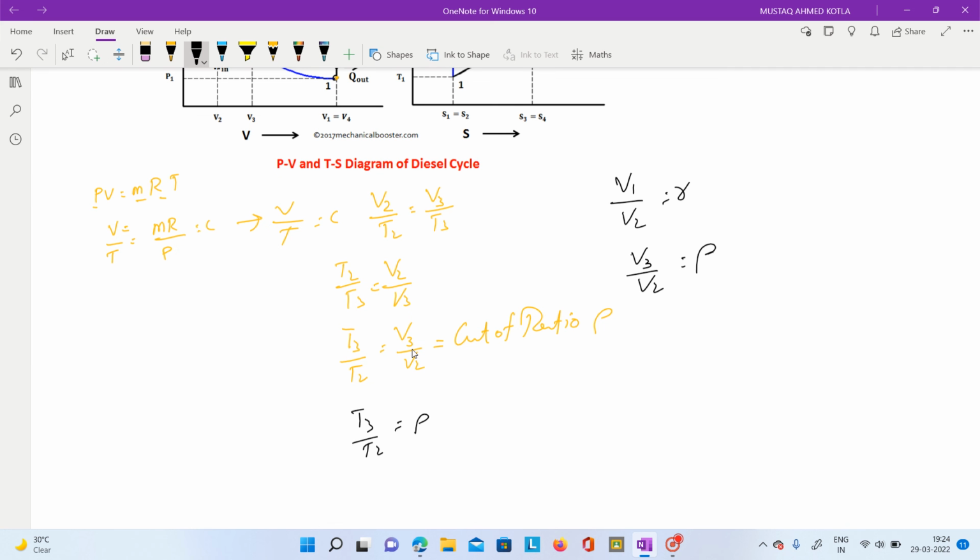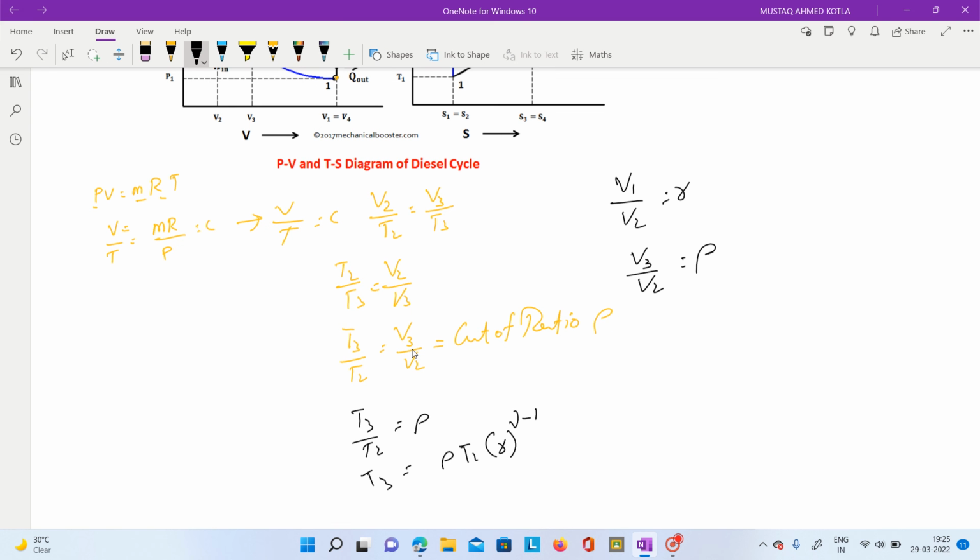Till now we have completed this, and there is no issue here. We can also write it as T3 equals rho T1 r power gamma minus 1, right? How can we write this one?